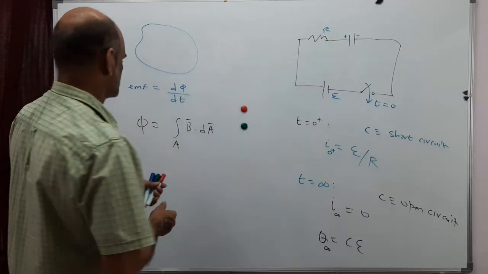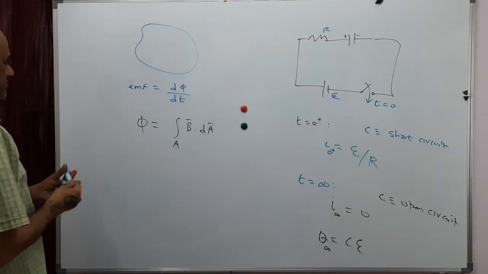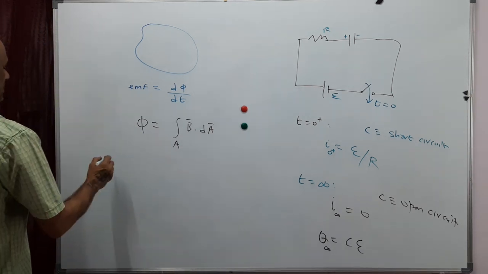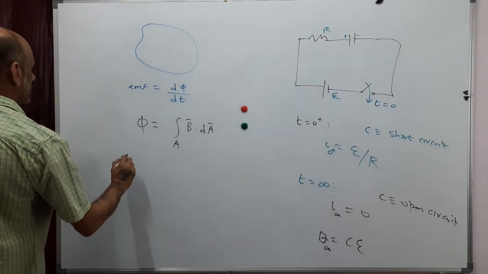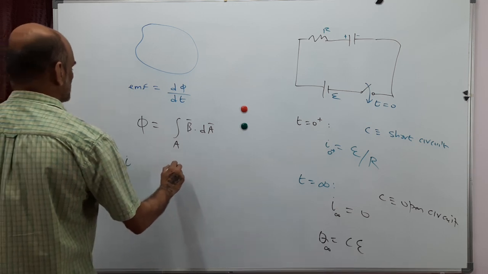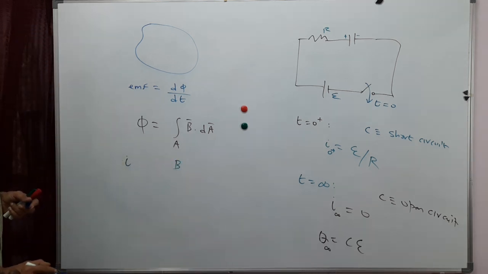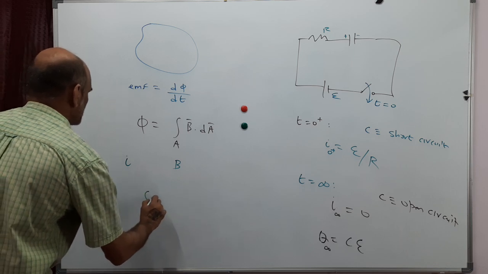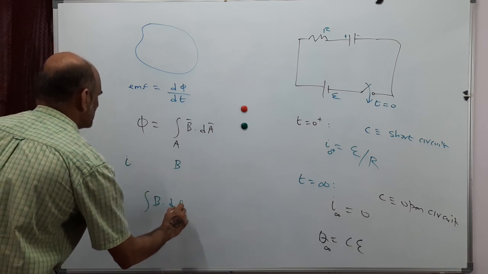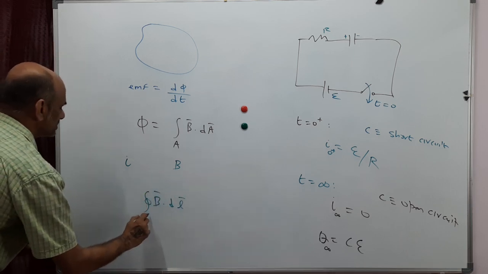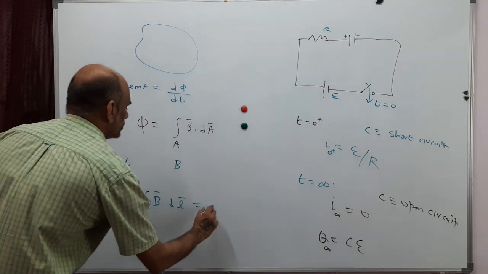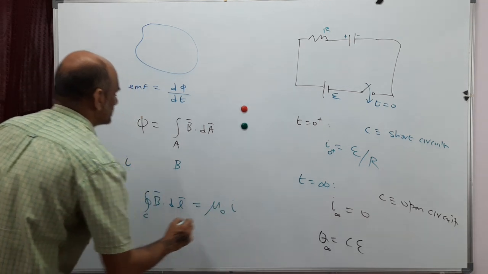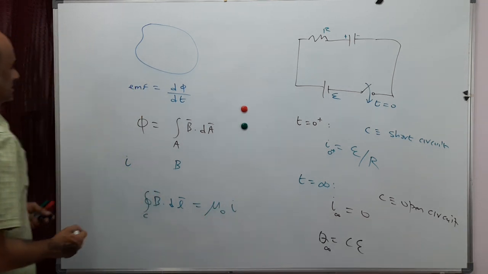The basic thing that's used in this question is Ampere's circuital law, which gives the current and magnetic field relation. So the integral of B dot dl over a closed path is equal to mu naught into I, where I is the current enclosed in this path.